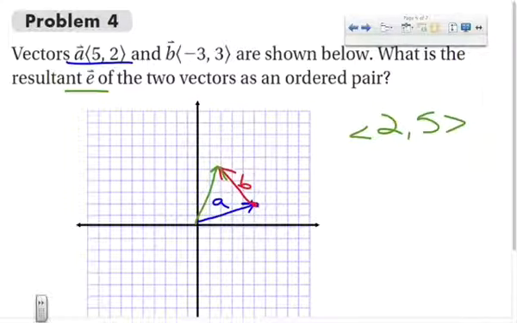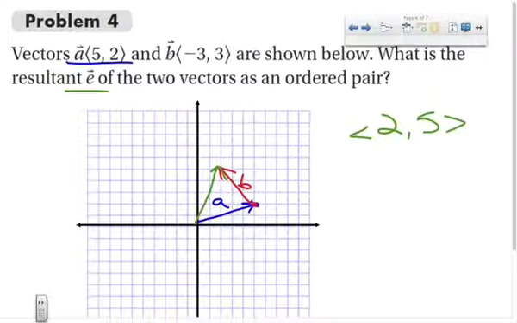Bless you. And take a moment, look at the original vectors, and scoff at how easy this is and how you don't need a graph to do it. Are we scoffing yet? Scoffing, not coughing. But it's so easy.